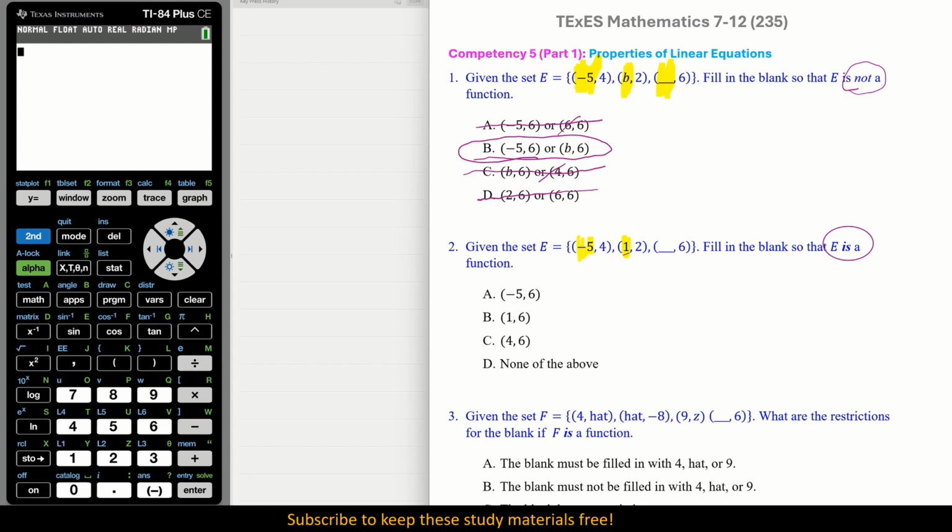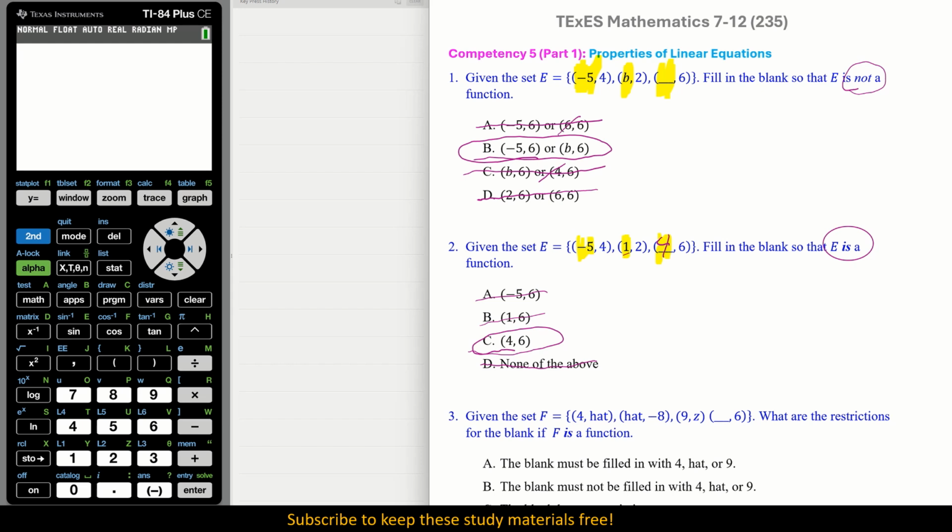So we cannot have -5 or 1 as our blank because we can't repeat our x's. So A won't work, B won't work, C will work. So then we don't need D. Now let's use our option C and fill in that blank with a 4.